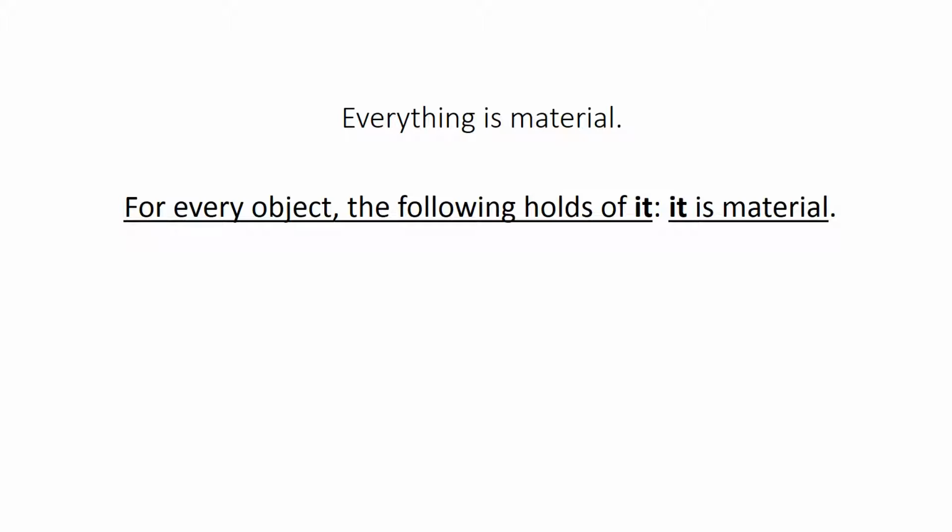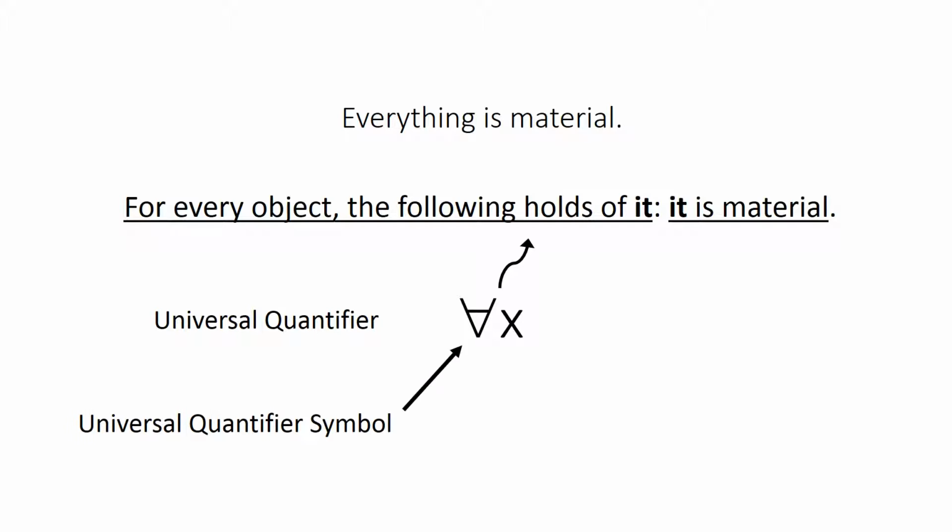We're going to have a formal counterpart to each of these two parts. The quantifying part will be translated as this pair of symbols. We will call this pair of symbols universal quantifier because it talks about every object, all objects. Universal quantifier is made of two parts.